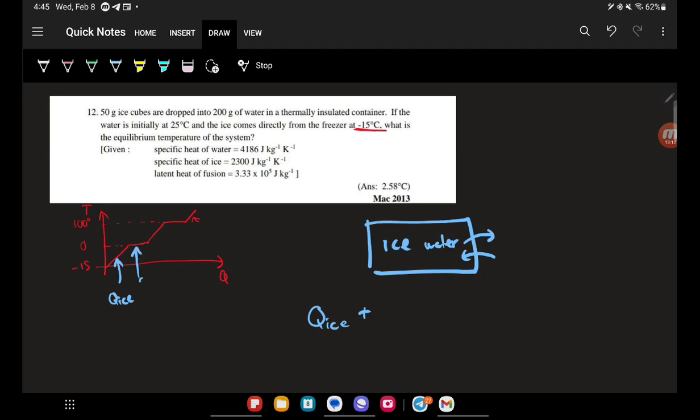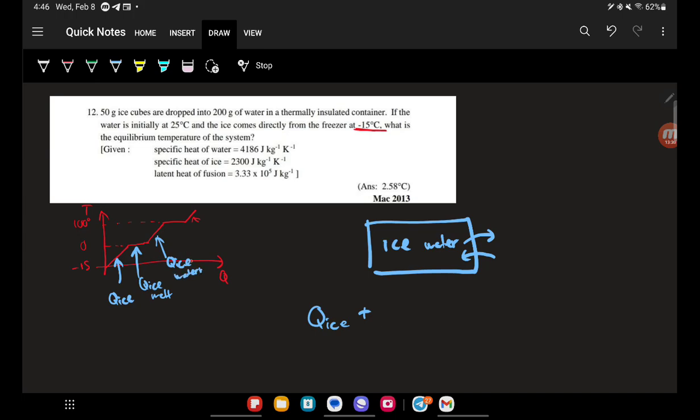So when it melts, we're going to have Q ice melt. And after all of it has melted, we're going to have Q ice water, the same amount of mass.